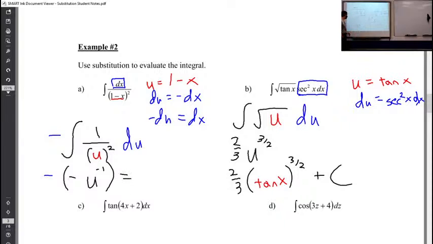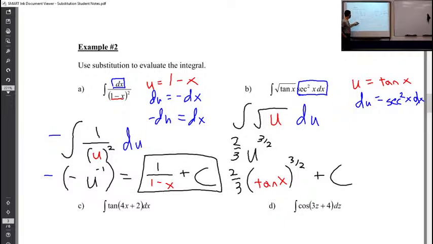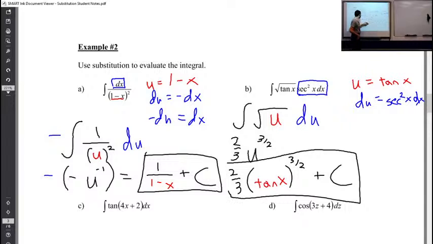And so when I go to substitute my u back in at the end of the process, this is a negative negative, so this is going to be a positive. And it's going to be 1 over u, which was 1 minus x, plus c. And here's the answer to this one.